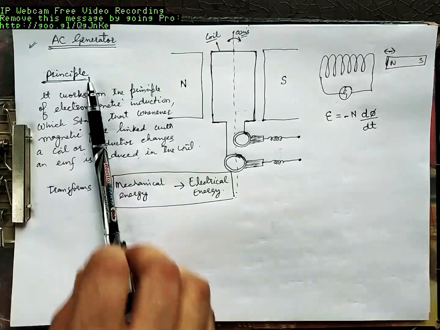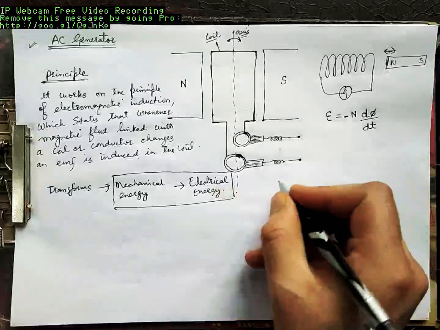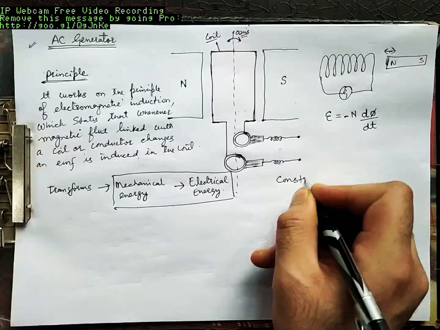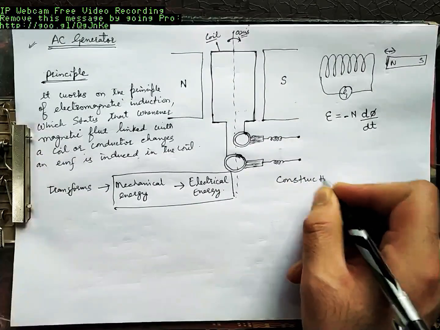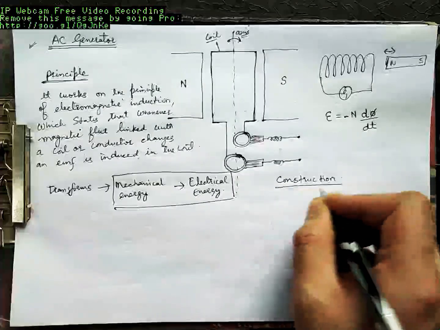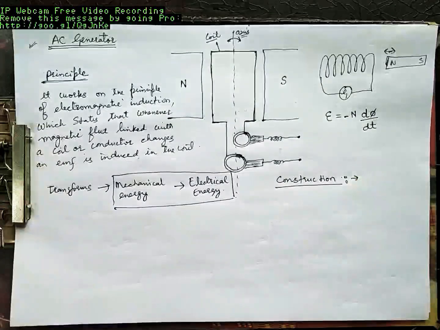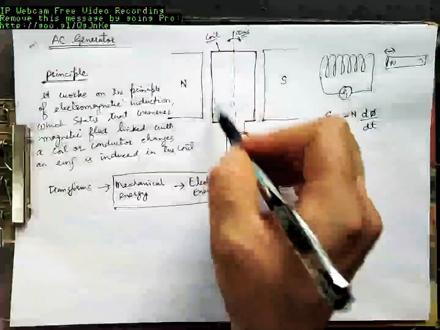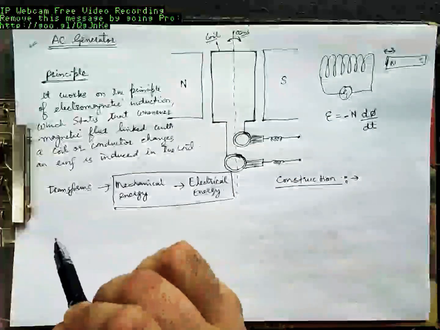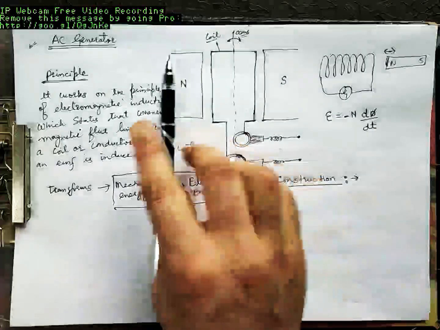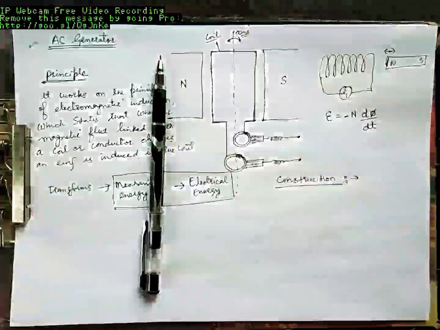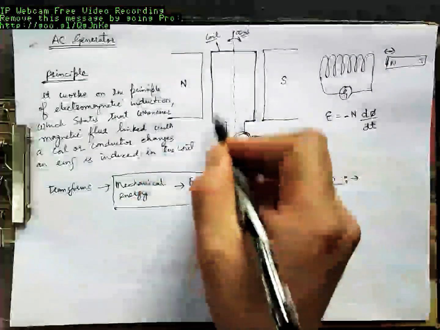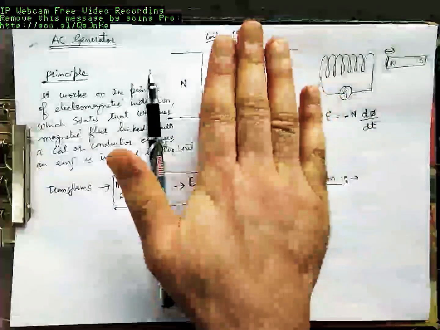Next is construction. In its simplest form, an AC generator should consist of a coil which is rotated inside a magnetic field. So you have to rotate this coil inside a magnetic field.